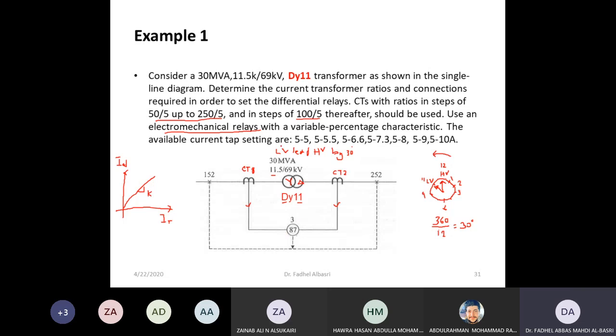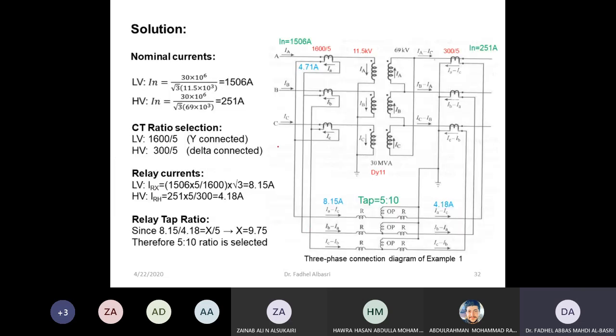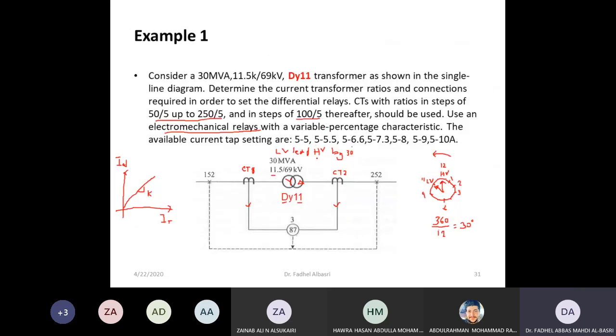The relay manufacturer gives us taps inside the relay settings that you can change to correct the current closer to 5 if it is not 5. So this is internal inside the relay, where you can change the taps to bring the currents closer to the other side's current. How do we get started now? How do I choose CT1 and CT2? I have to find the nominal current first.